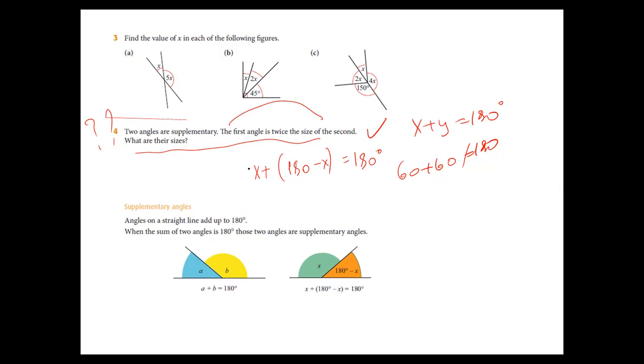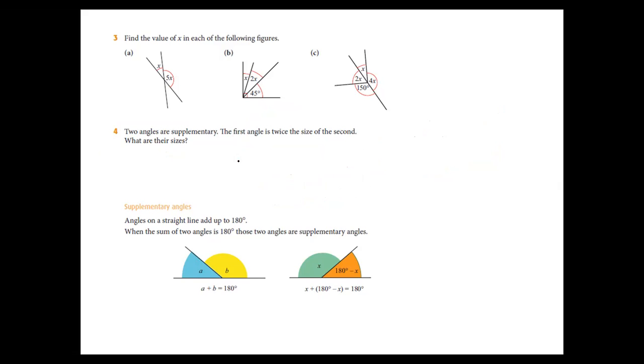So the first angle of this shape is x, and twice x is 2x. 2x plus 180 minus x is equal to 180. When you move that 180 to the right side of the equation, you get just 0. And 2x is not equal to x. So from here also we cannot find x or y.